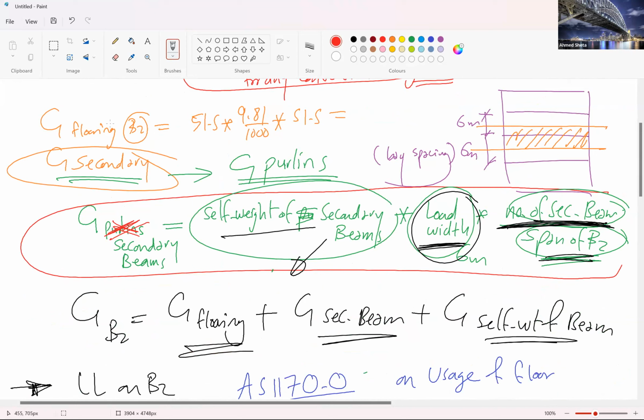So for the roof, you can use purlins and roof sheeting similar to example 8.2. But for the storage floor, you need to use steel grating and so on, as we have done now. Just use the mezzanine flooring for the steel grating. B2 is supporting a mezzanine floor.